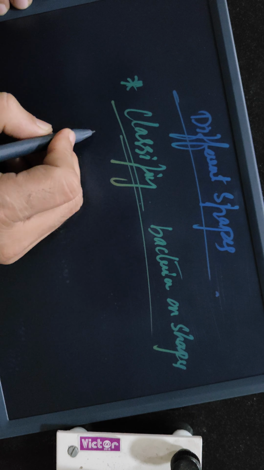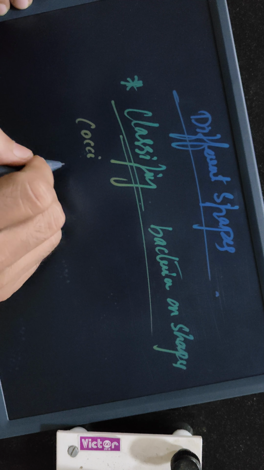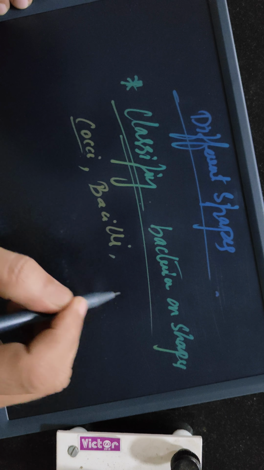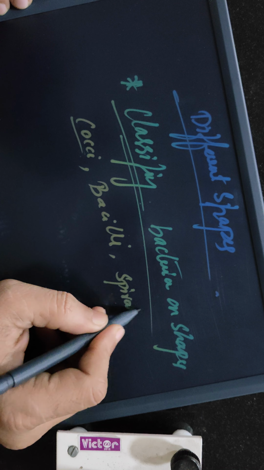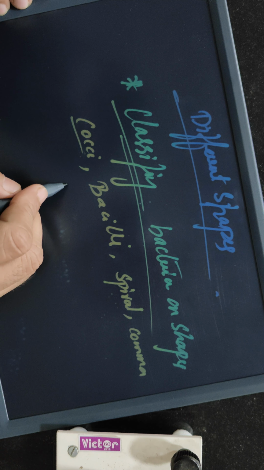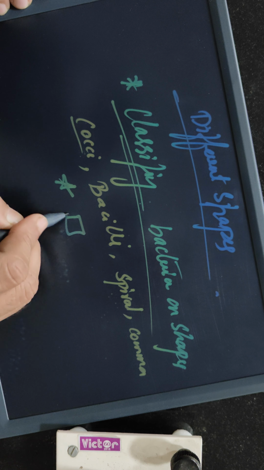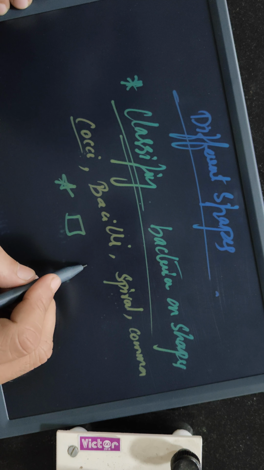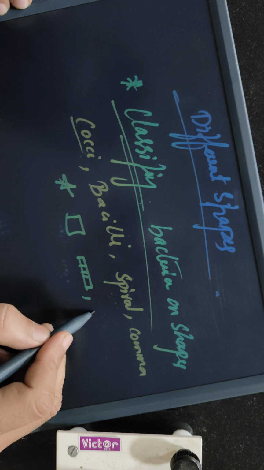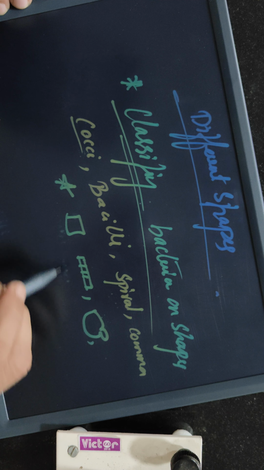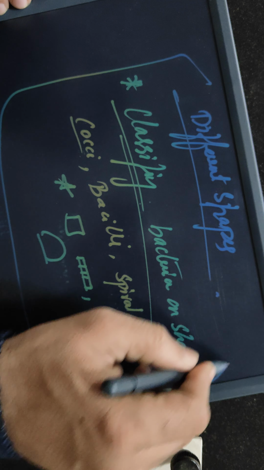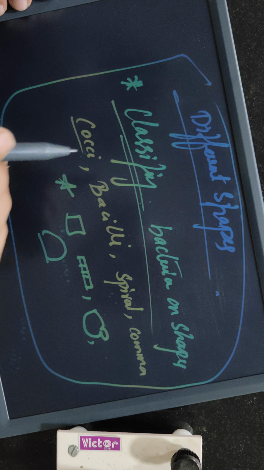Then you need to start with cocci, bacilli, spiral, comma shaped, and along with this star shaped, rectangular shape, and filamentous, appendage shape, loop shape, etc. If you write all this, you will get full marks.